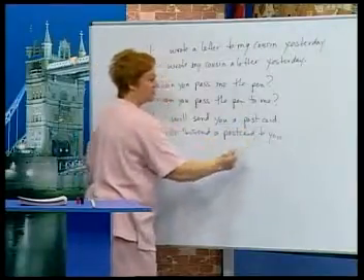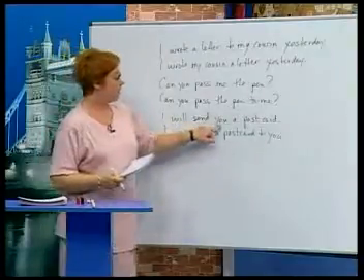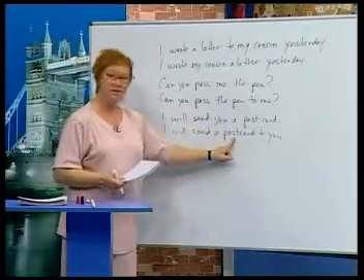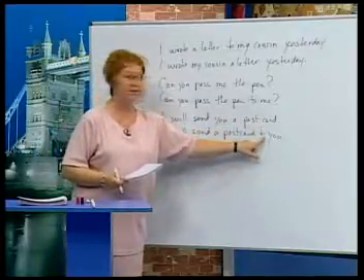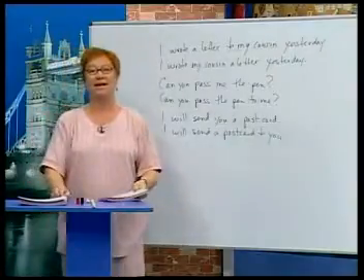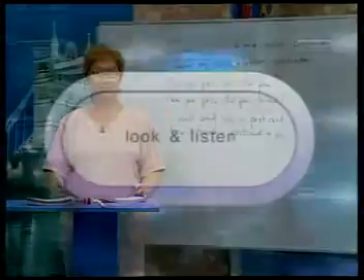"You" becomes "to you". Okay? So when it comes before the object, no "to", no "for". When it comes after the direct object, we have "to" or "for". Now it's time to look and listen.